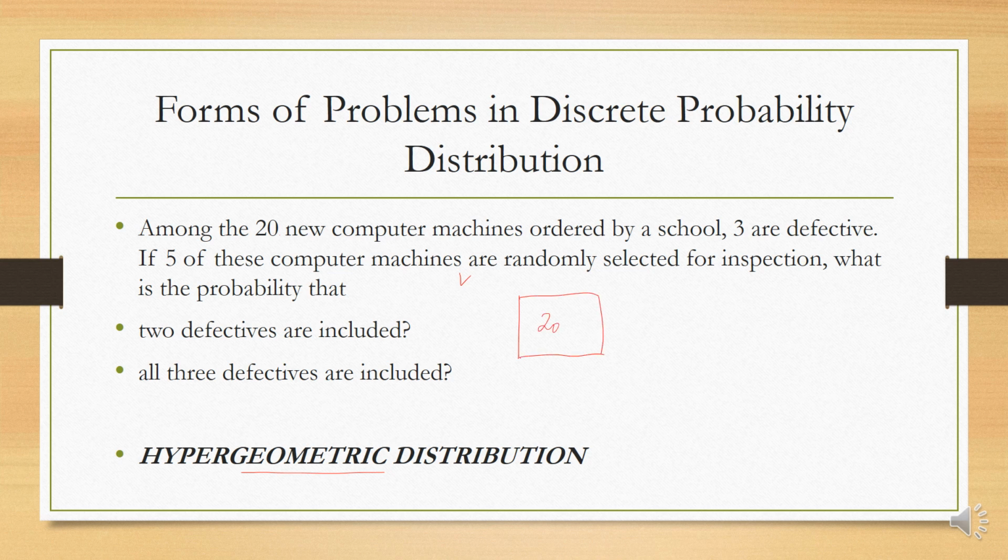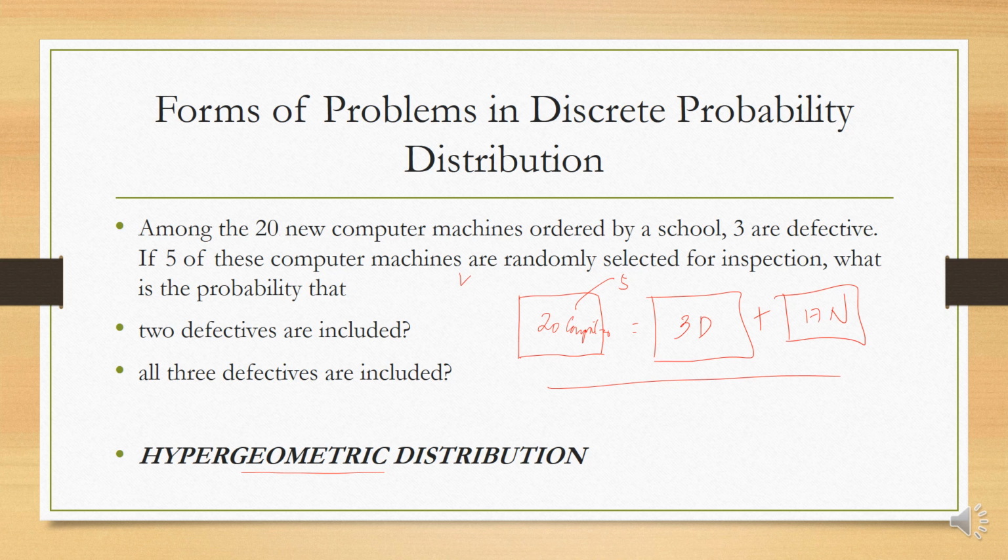Meron tayong 20 computers. Tatlo ang defective. So, tatlong defective, meaning we have 17 non-defective computers. And then we are randomly getting 5 of these computers. If you notice, this is similar, no?